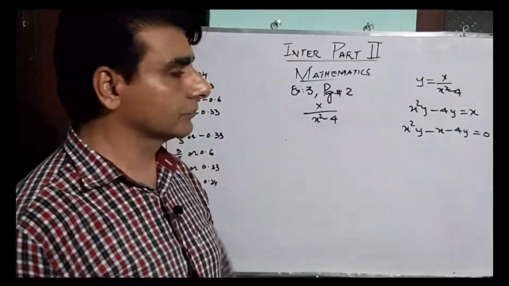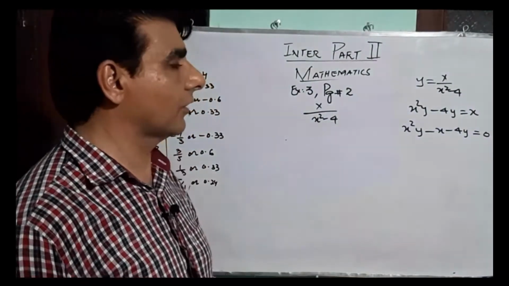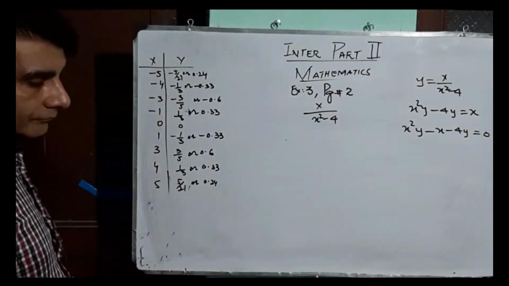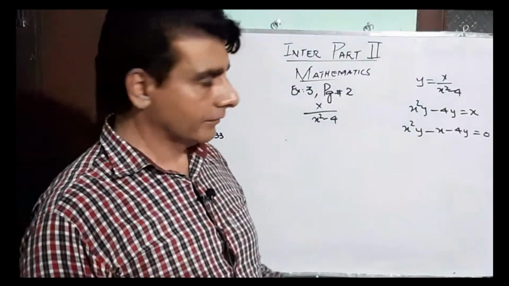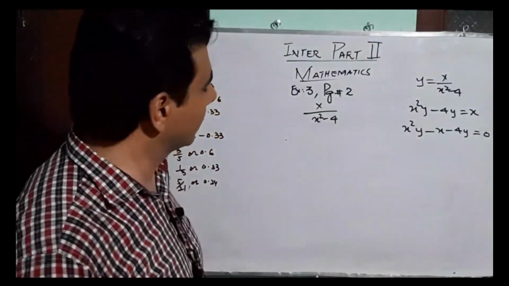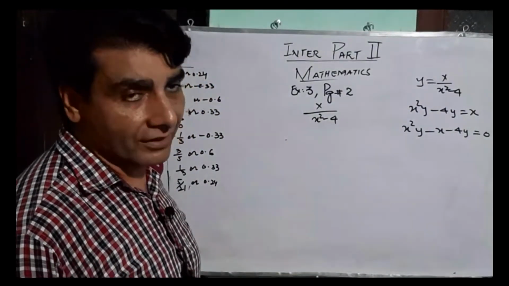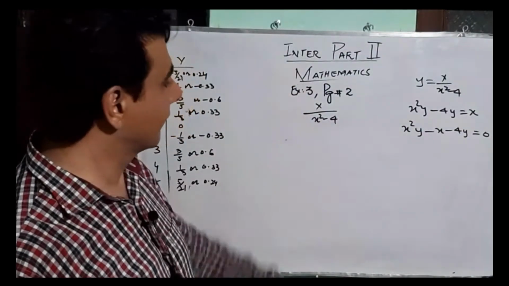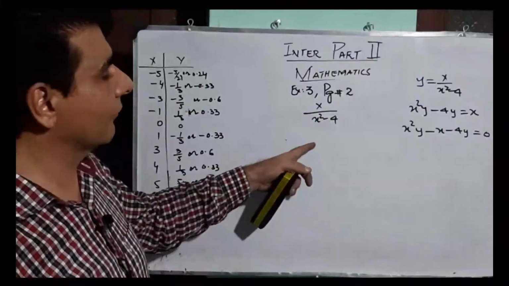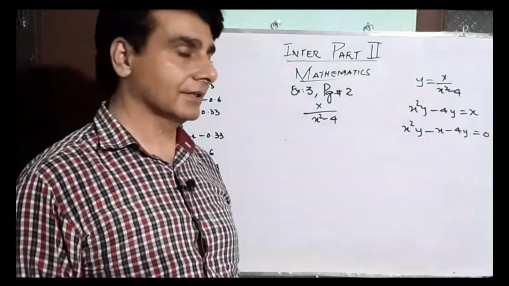We have to use the discriminant or quadratic formula. It will raise complexities. There is another way. If there is a problem or it is a little bit complex, then we use a graph. From the graph we can determine the range. In order to plot the graph, first we will find the vertical asymptotes, then the horizontal asymptotes.